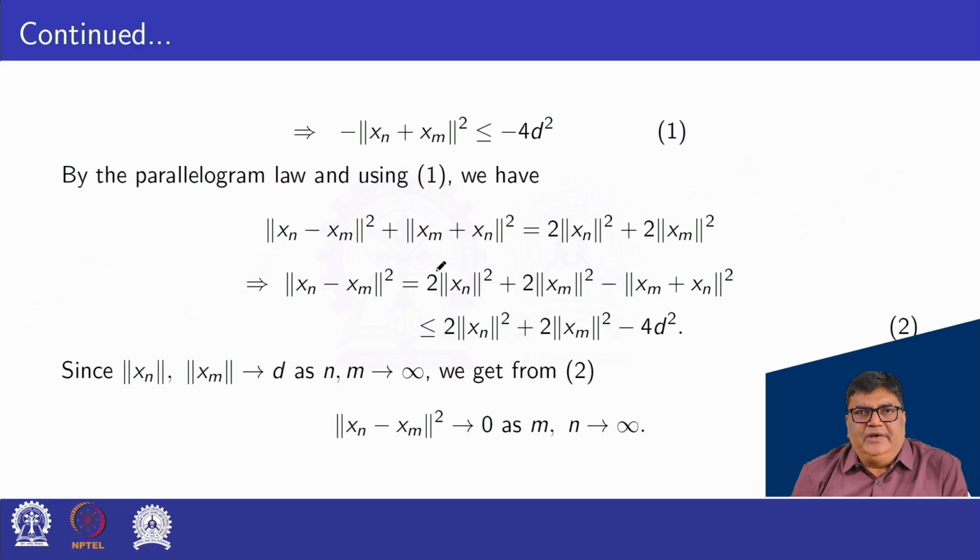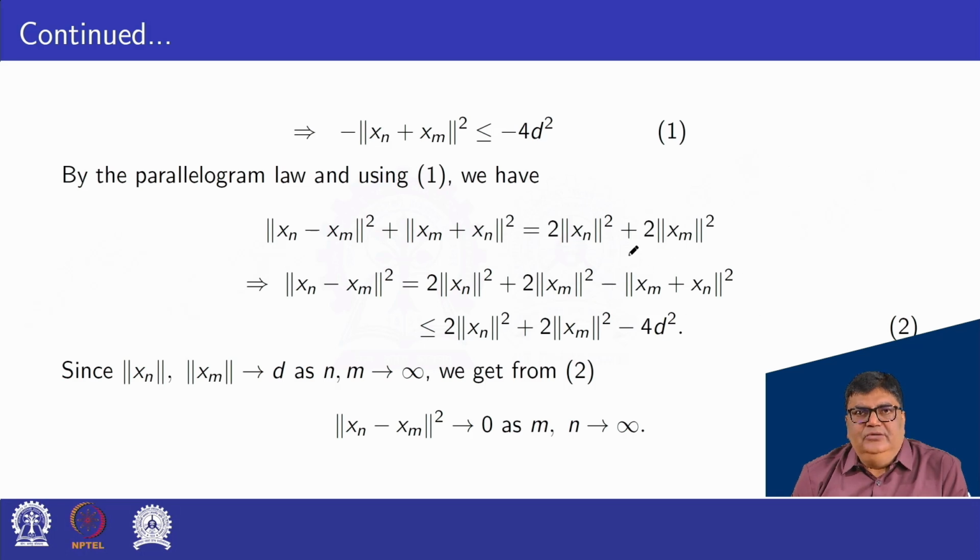So this implies that norm (x_n minus x_m) squared equals 2 norm x_n squared plus 2 norm x_m squared minus norm (x_m plus x_n) squared. So minus norm (x_n plus x_m) squared is less or equal to minus 4d squared.